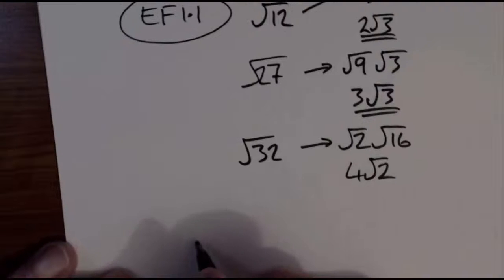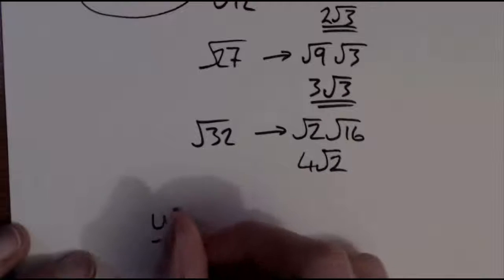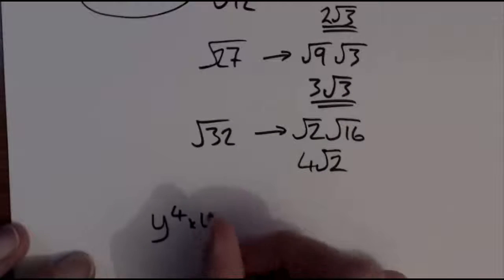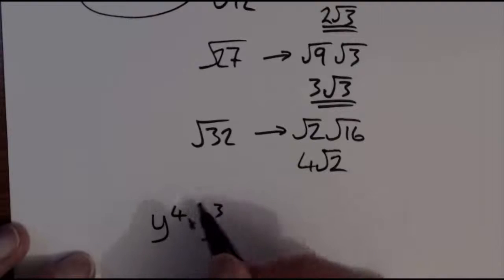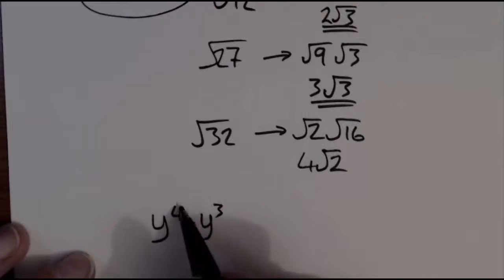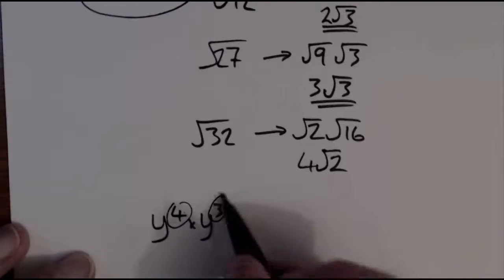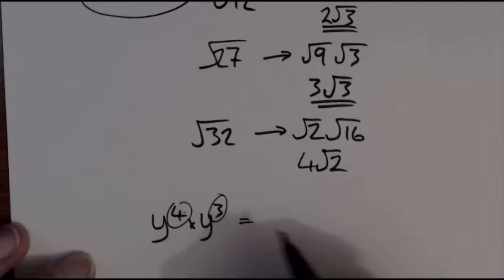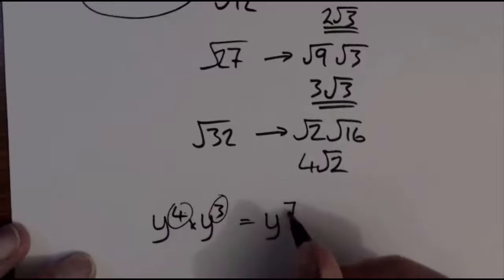Now, if you're simplifying these questions, here is y to the power of 4 times y to the power of 3. Remember, when you're simplifying these with the indices, you need to keep in mind that you add these. So that's the equivalent of y to the power of 7.